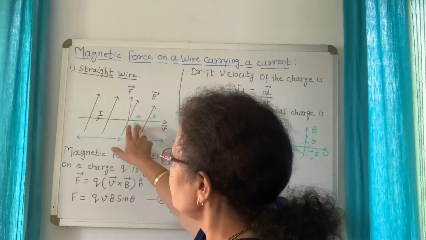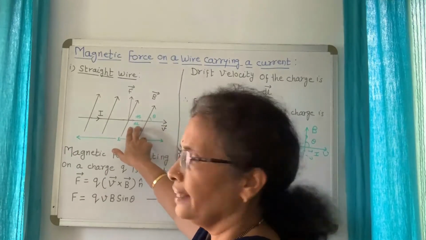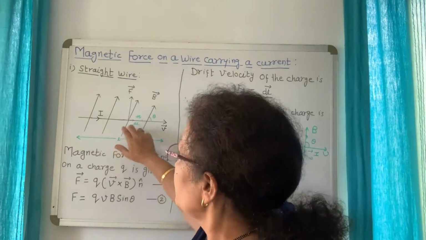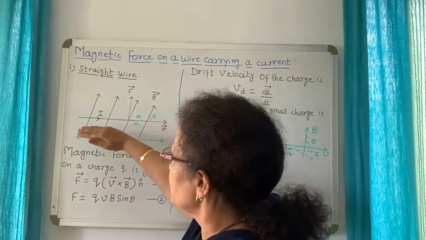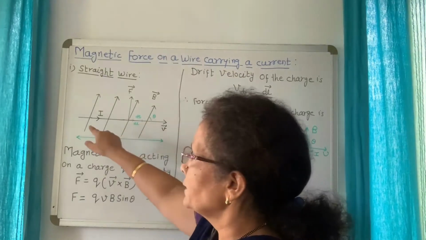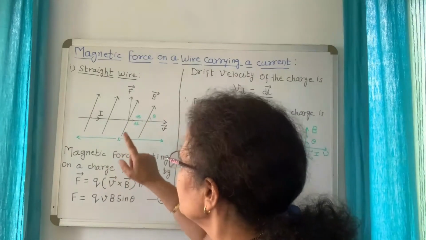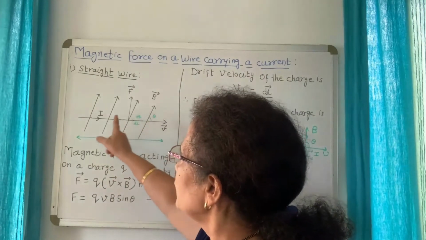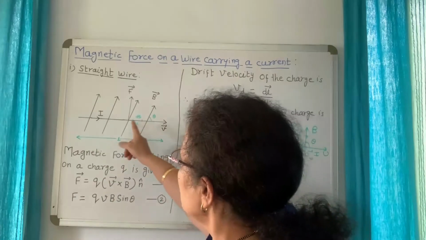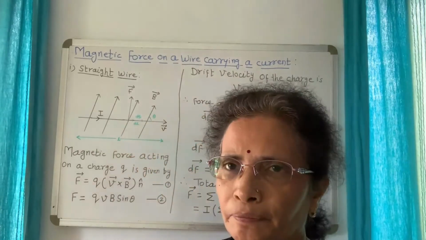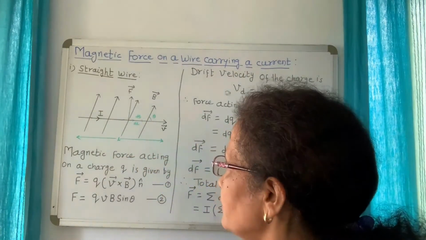We are taking some small length of the conductor dl, and here the negative charge flows in this direction, right, opposite direction of the current. So what we are assuming now, let the positive charge dq is moving in the direction of the current. This is our situation we are discussing.